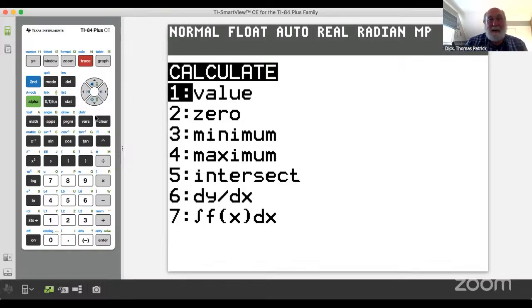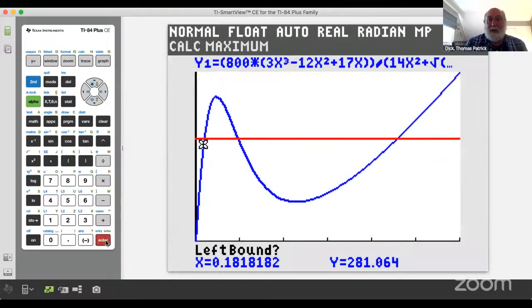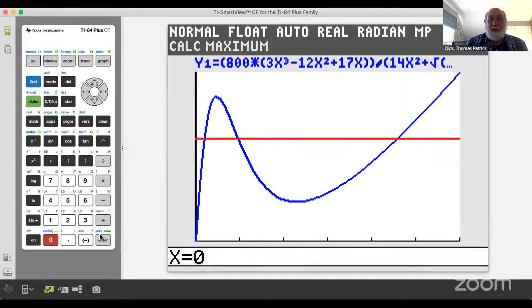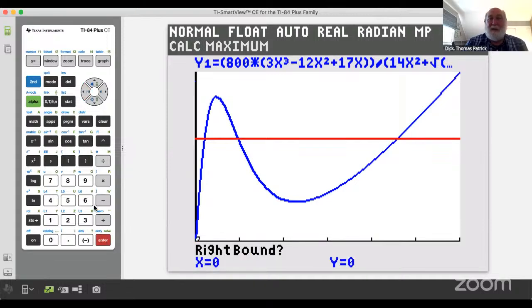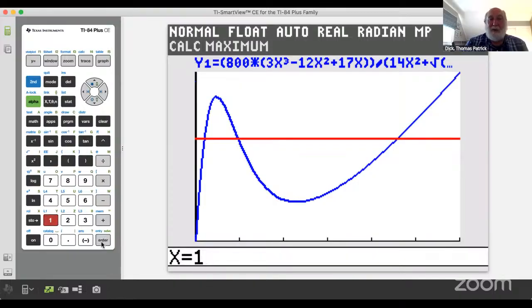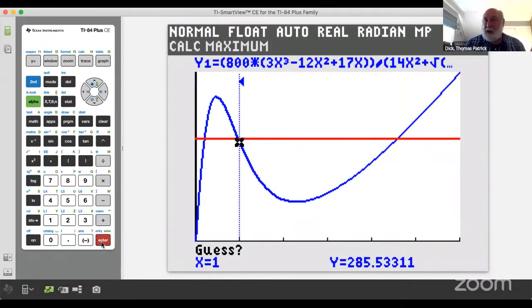So let me choose number 4 for maximum. And we're on Y1. Okay, so left bound. Well, he said it was from 0 to 1, so I'm going to go to 0. That's my left bound, and then my right bound is 1. So I'm entering the 2 endpoints of that interval that we wanted to use.